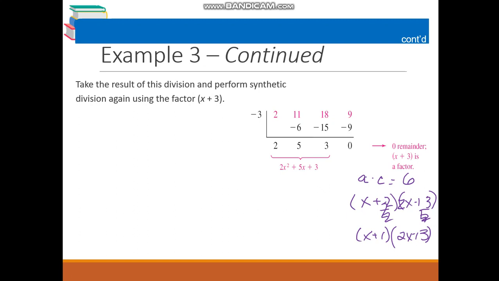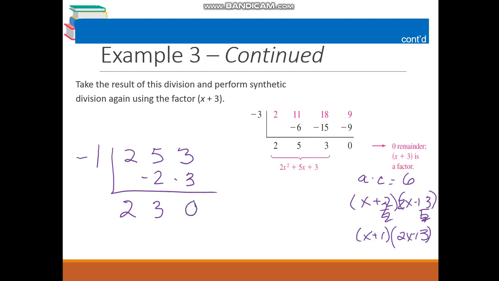Well, I can do synthetic division again. For x plus 1, I need minus 1. So I bring down the 2, minus 2, get 3, minus 3, a remainder of 0.